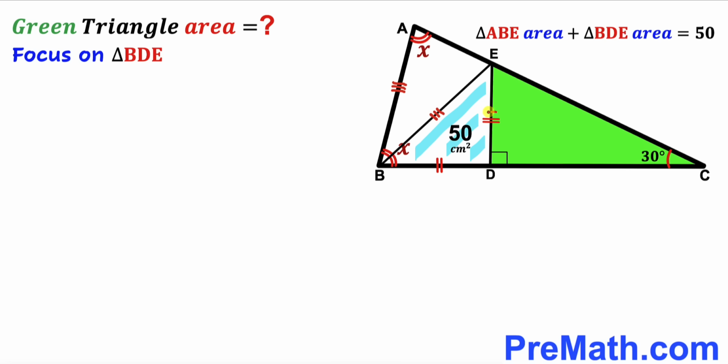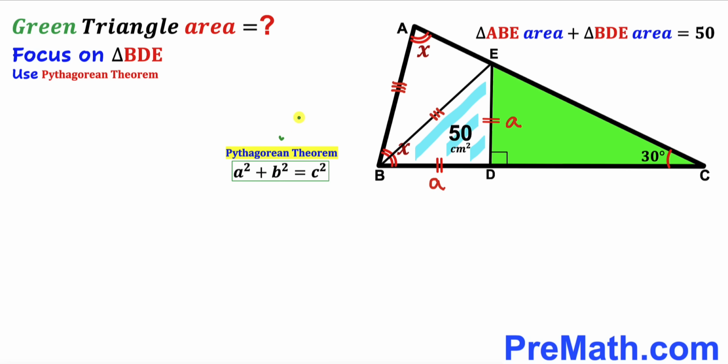Since this side length equals this side length, if I label this side length as lowercase a, then this side length has got to be lowercase a as well. Now we are going to apply the Pythagorean theorem on this triangle: a squared plus b squared equals c squared.